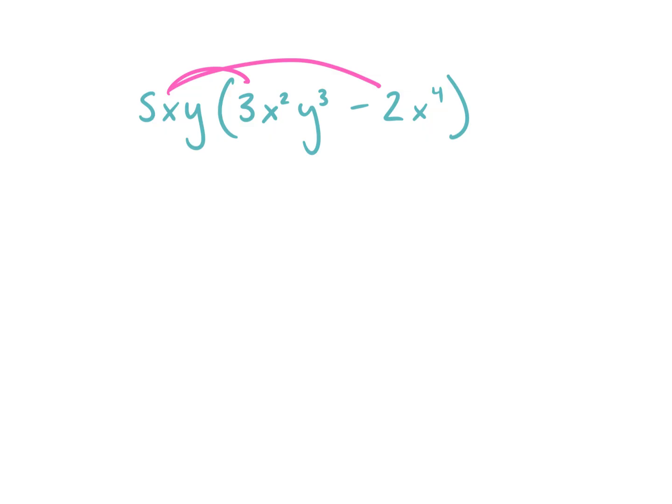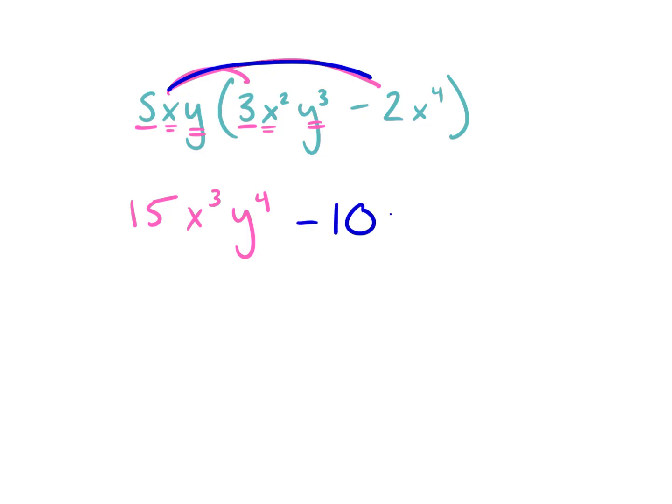So to multiply 5xy times 3x squared y cubed, remember we multiplied the numbers together, so this would be 15. Then what's x times x squared? X to the third. What's y times y to the third? Y to the fourth. Perfect. Then when we distribute it to the second one, what is 5xy times negative 2x to the fourth power?